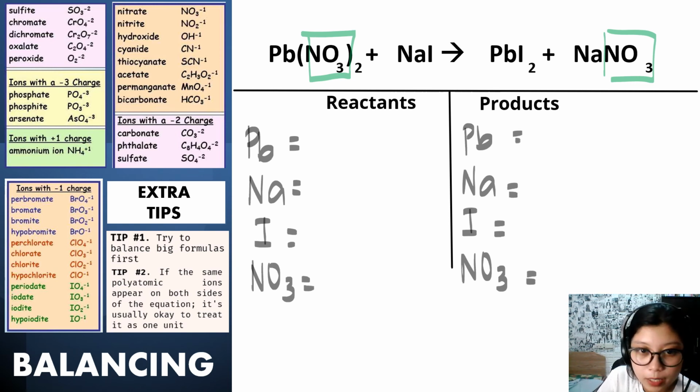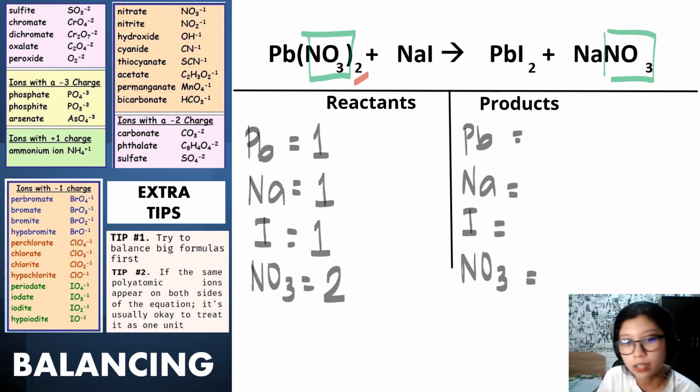So we have Pb, we only have 1. For Na, we only have 1. For I, we only have 1. And for NO3, remember, we're going to treat NO3 as one unit. However, right beside NO3, there is a subscript of 2, which means there are 2 NO3s. So we will place the number 2 here.